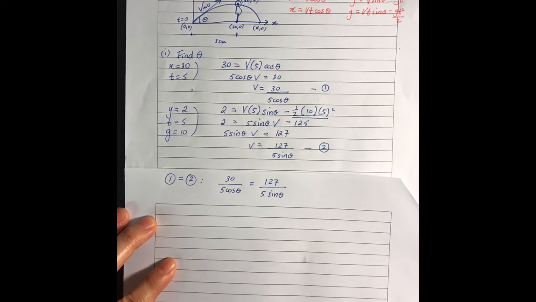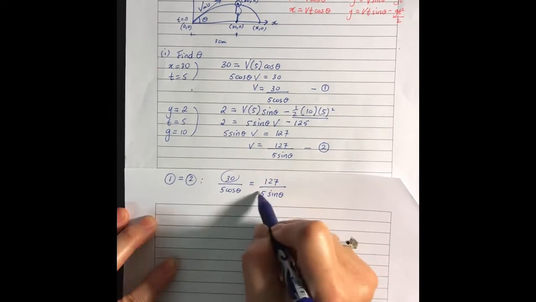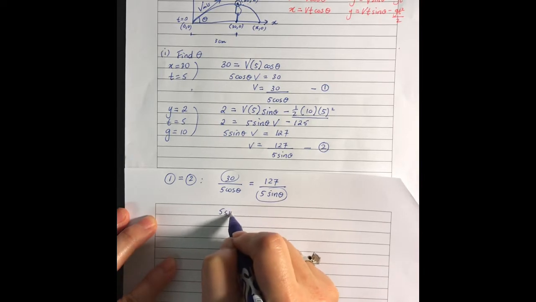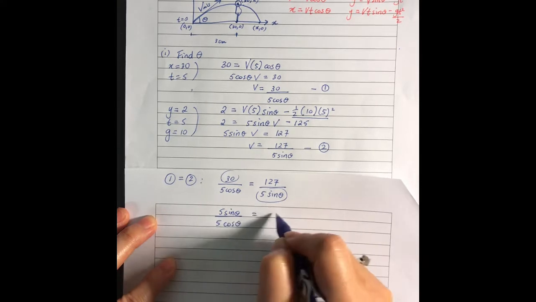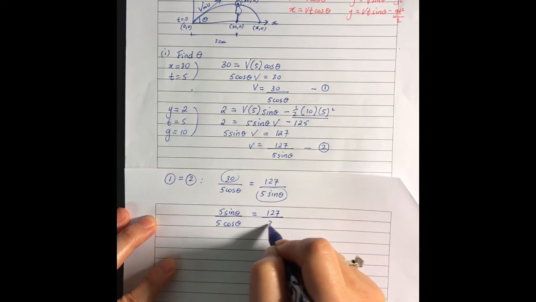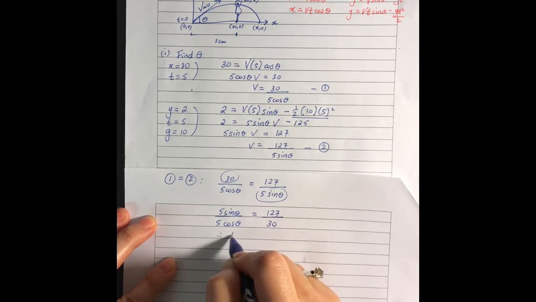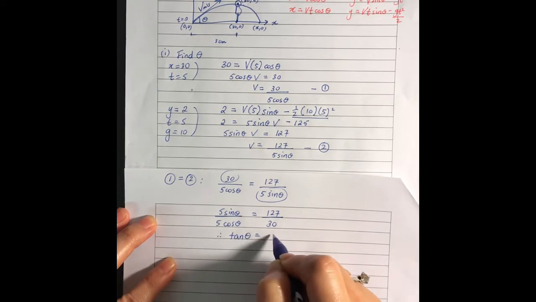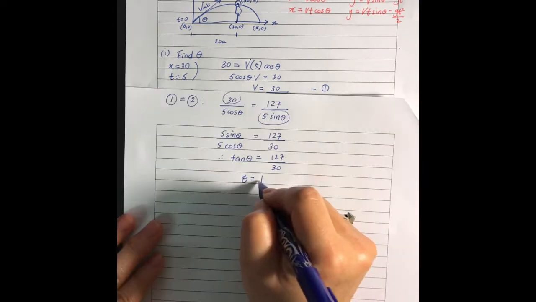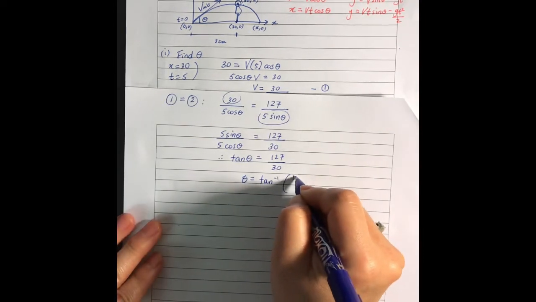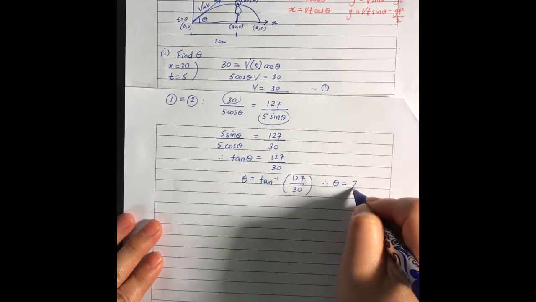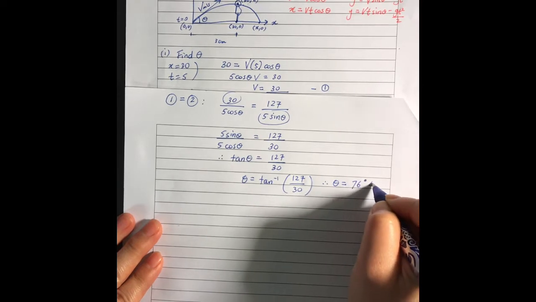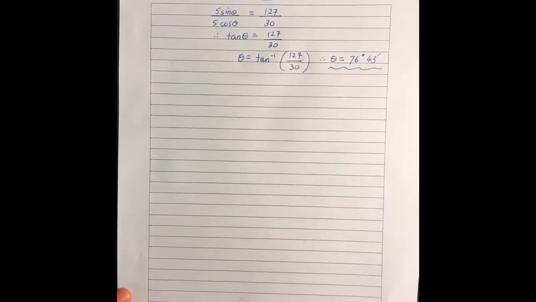My aim is to make it tan theta, so I'm going to swap this 5 sine theta on the top, 5 cos theta on the bottom. So it's 127 over 30, and therefore tan theta is 127 over 30, theta equals inverse tan of 127 over 30. Theta will be 76 degrees 43 minutes. It's not the end, is it?